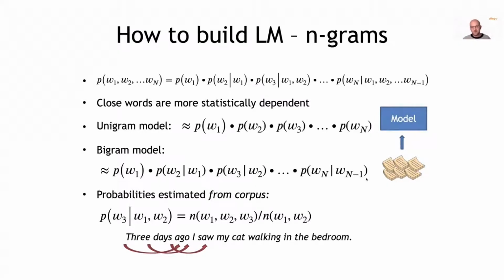To train this language model, we just need to count occurrences of n-grams in our corpus. For example, this probability of some word conditioned on its 2 preceding words will be just a count of all 3 words occurring together divided by the count of the 2 preceding words.